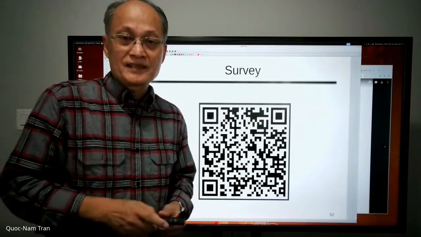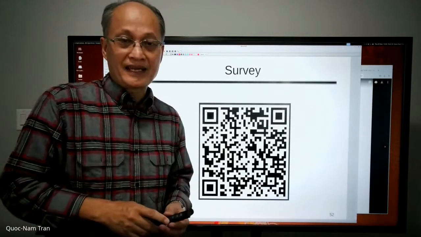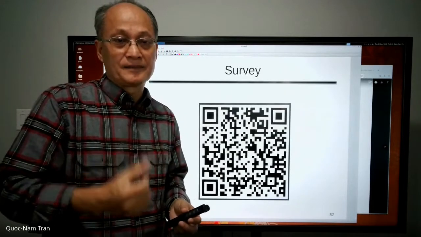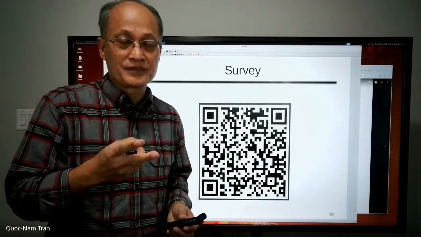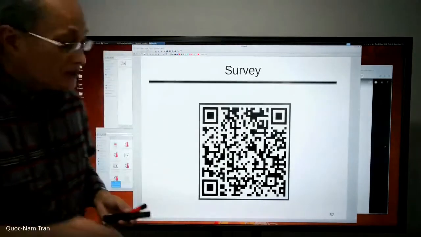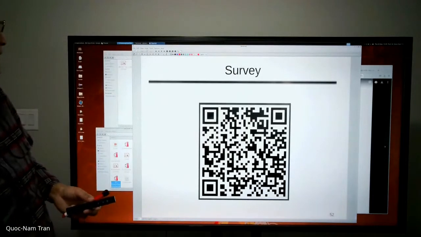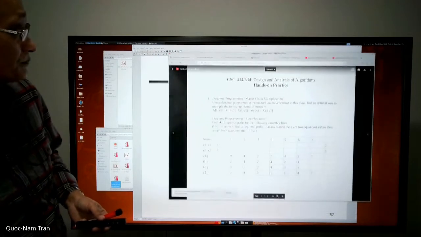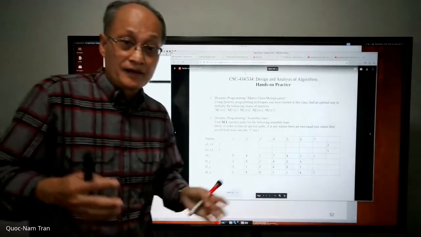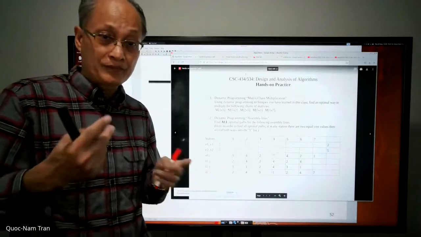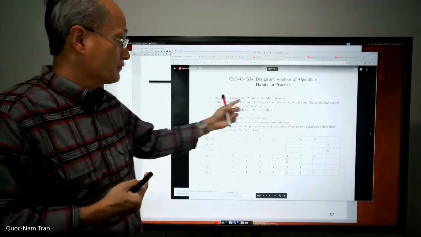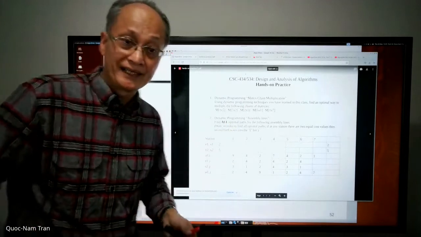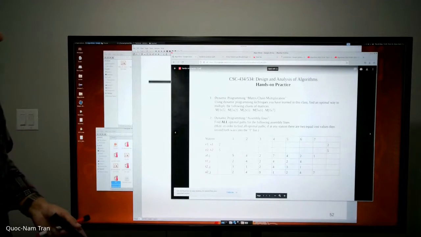Okay, so let's go back to the hands-on practice I gave you on Tuesday. I will go through those 2 problems. Let me bring it up here. And you see that for dynamic programming, we have 2 different algorithms, one for matrix chain multiplication and one for the assembly line. Maybe I have to blow this one up a little bit.